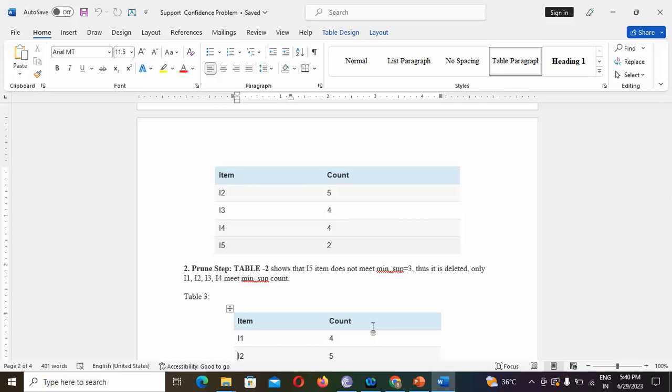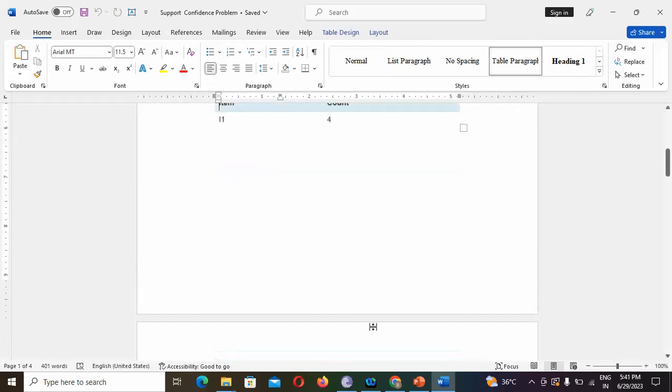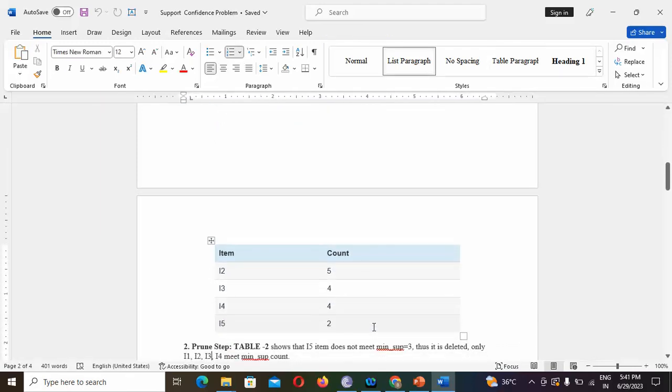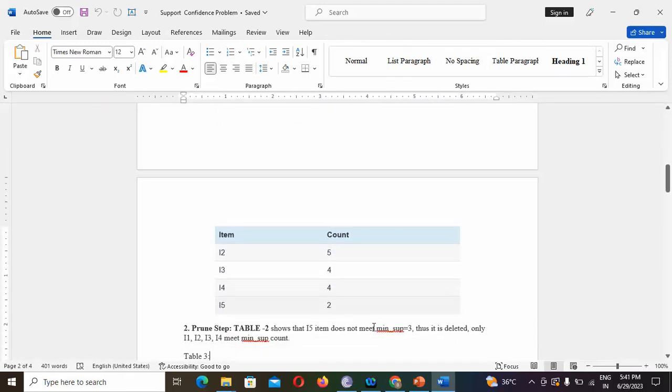Among these, what is the minimum support value we calculated? The minimum support value is 3. Among the above item counts, which one has a value less than 3? Item 5 has a value less than 3, so we are going to prune that particular item.